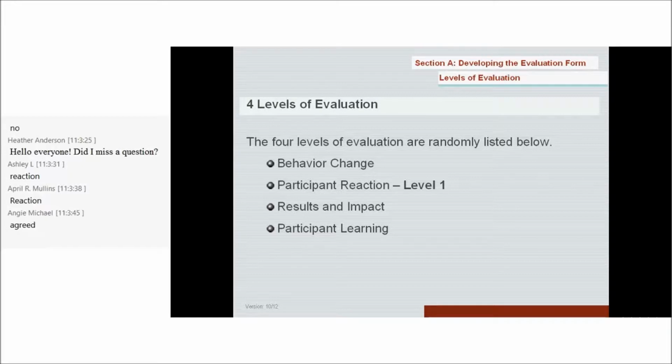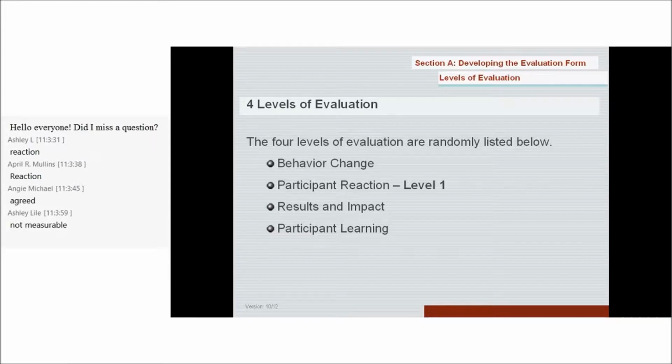Why do you think it's considered level 1? Why do you think this is the beginning level, the easiest level in evaluation? Well, I think it's probably easy to read body language and just to get a feel for your participants, or presence there, or just, it's observable.